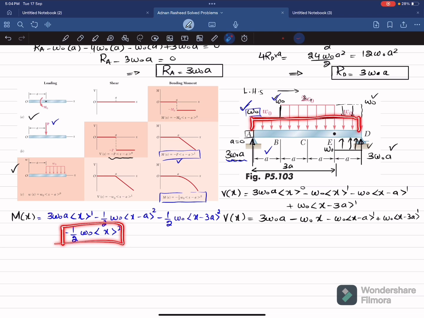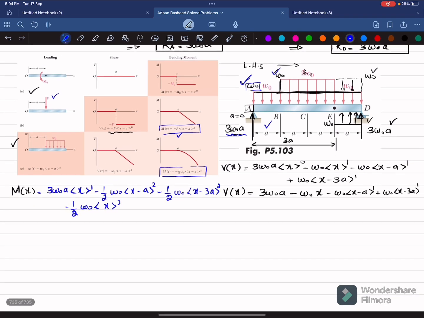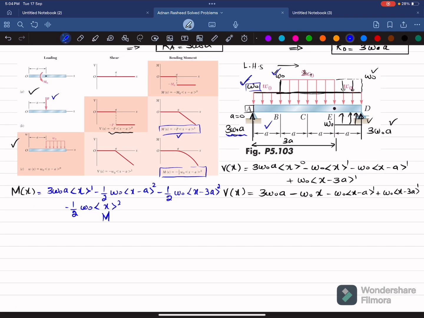Okay, now if you simplify this, M of x will be equal to 3W naught a x. This term will be equal to minus 1 over 2 W naught x square. This term will be equal to minus 1 over 2 W naught into x minus a square.